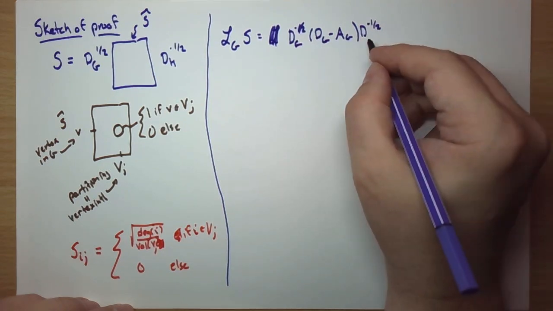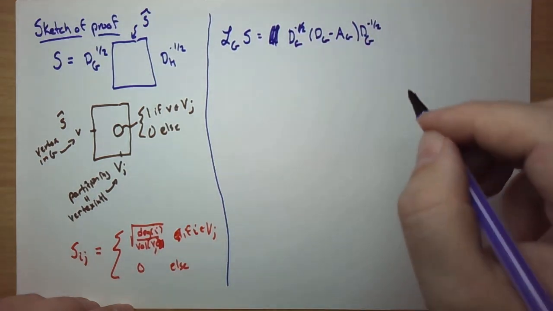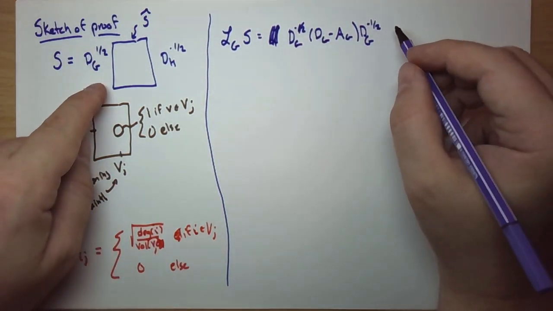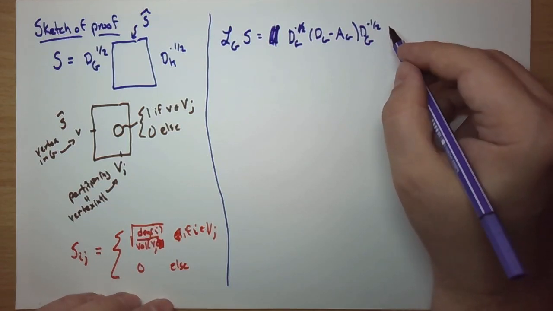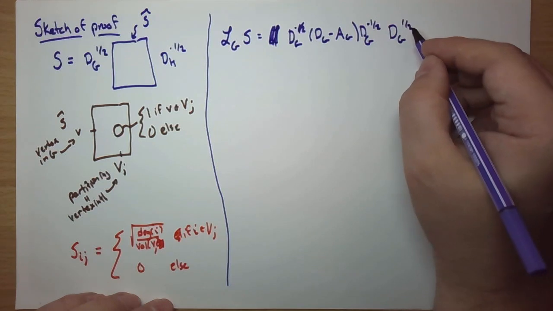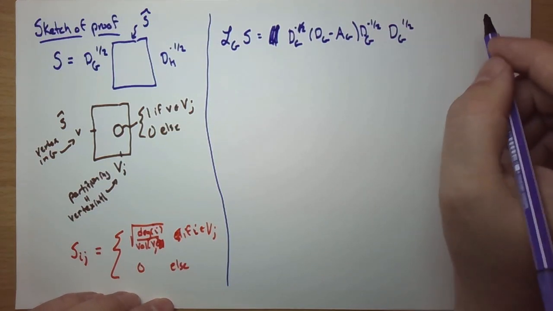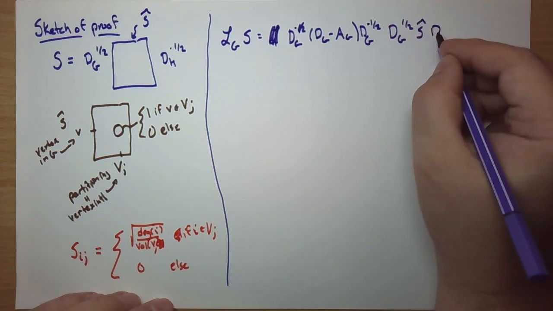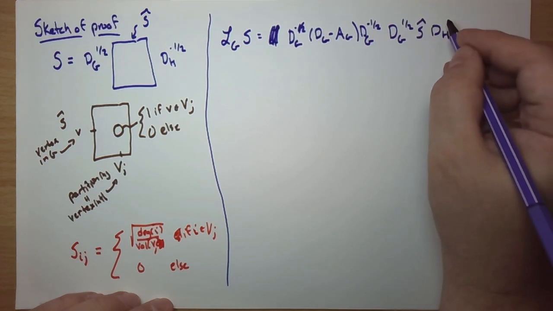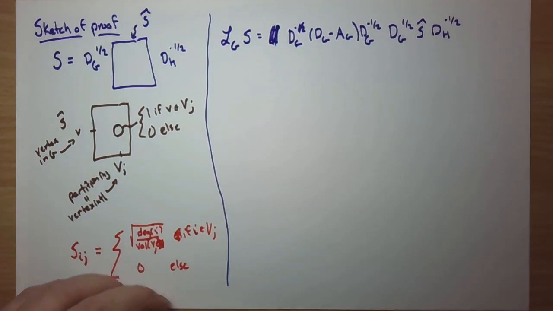And I'll put subscripts everywhere just so we don't lose anything. Times S, which is D_G to the 1/2, and then times our S hat, and then we have D_H to the minus 1/2.